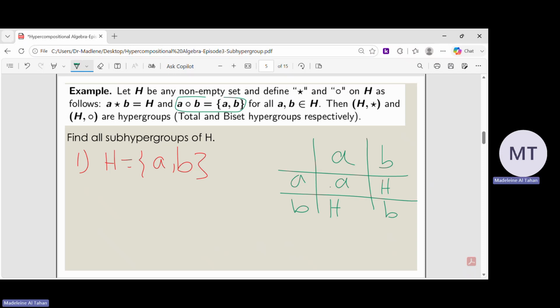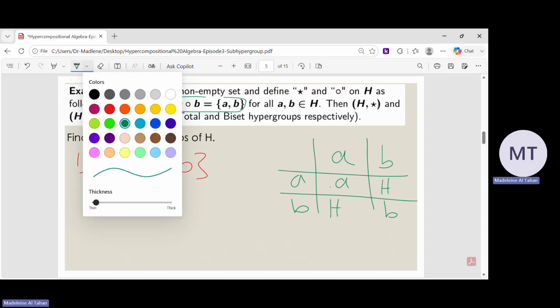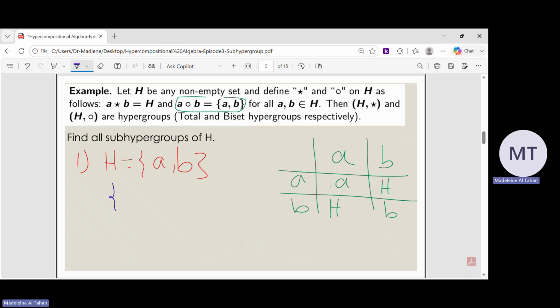Now, our aim is to find all subhypergroups of this hypergroup. A subhypergroup, by definition, is a subset. So first of all, let's write all the subsets of H. The singletons and H. Of course, we have one more subset, but we don't need it when we deal with subhypergroups because it's the empty one.